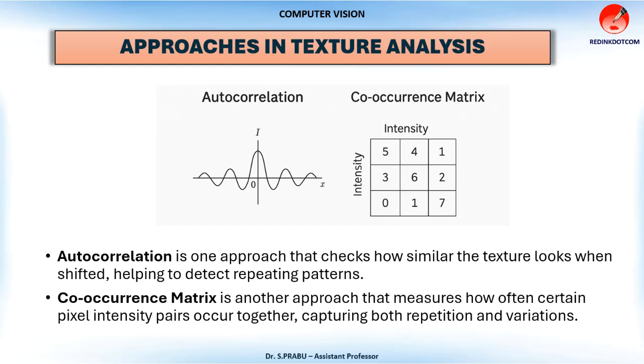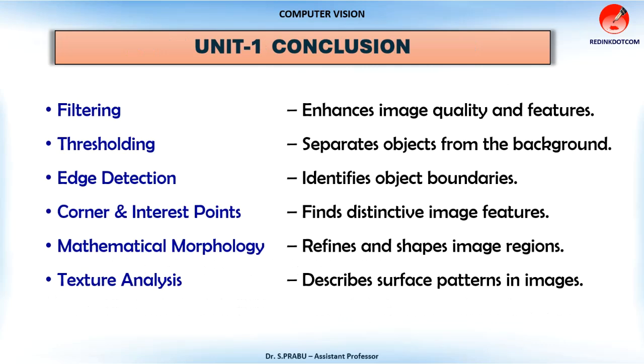Now I conclude what we studied here. Image processing techniques transform raw images into meaningful information. Filtering is the first step, used to enhance the image quality and highlight important features. Thresholding then separates objects from the background, preparing the image for further analysis.